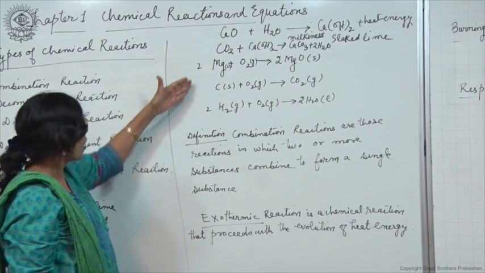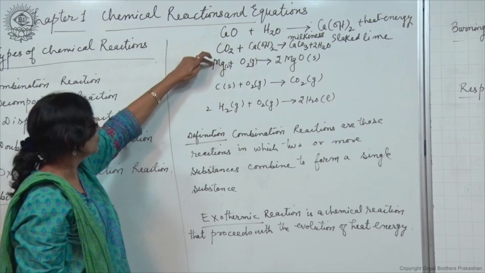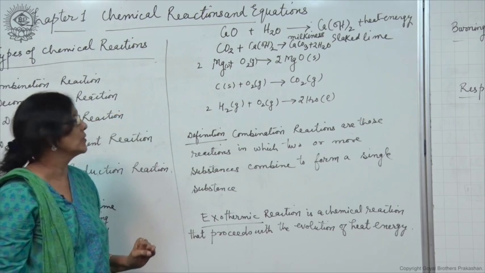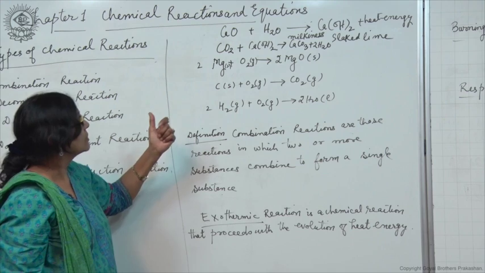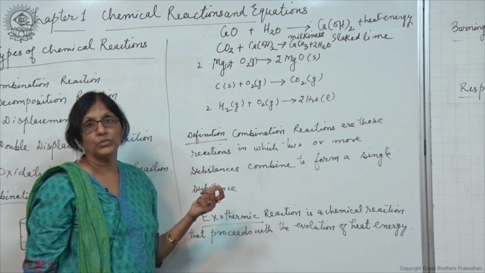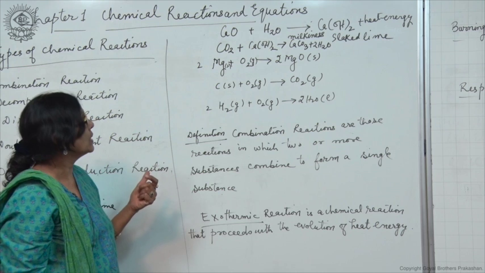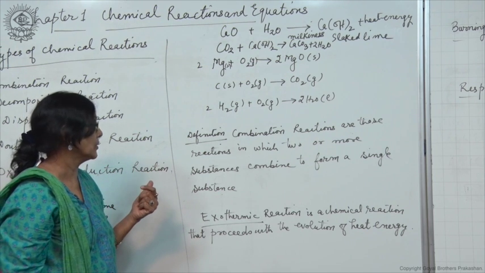You can see what is common in all this. Can you think about it? In all these 4 equations, what is common? In all these reactions, 2 elements or compounds are reacting and forming one single compound, one single substance.